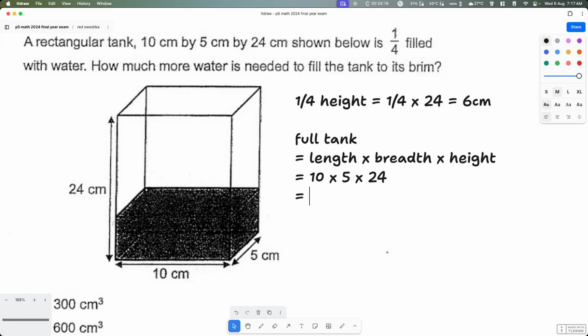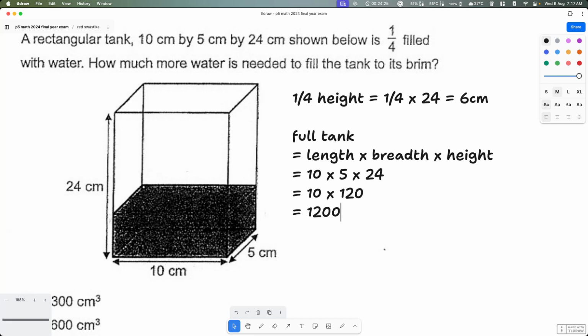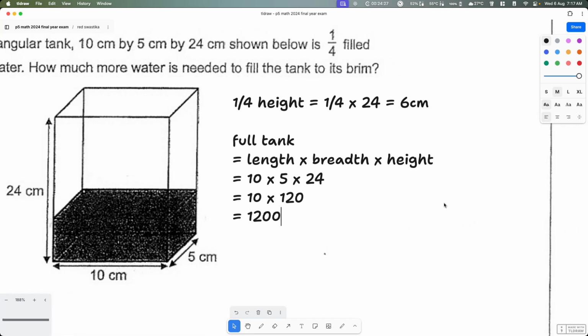So 10 times 5 times 24 is 1200. Let's do the workings for 24 times 5 so that we know this is the answer. 4 times 5 in this case is 20, so 0, and we put 2 here at the top. 2 times 5 is 10, and then we put 120. So this is correct.